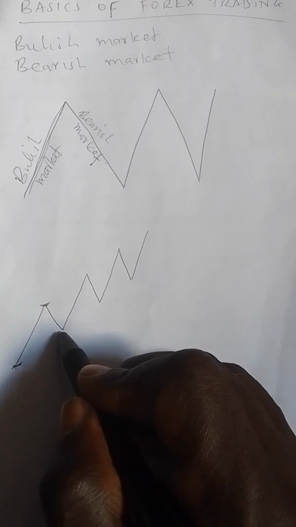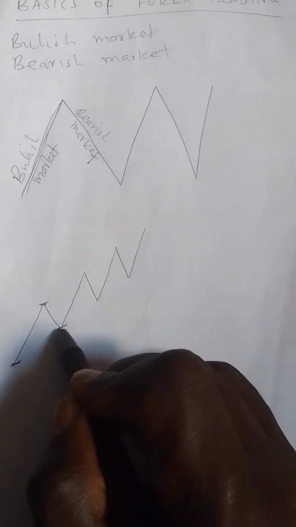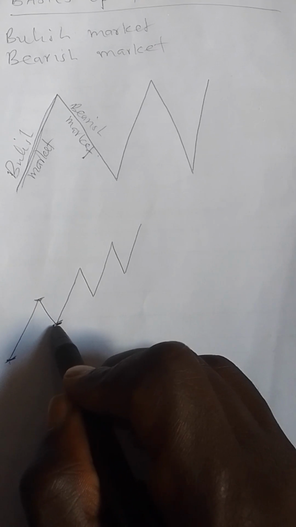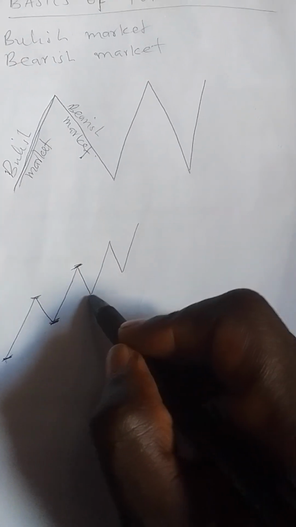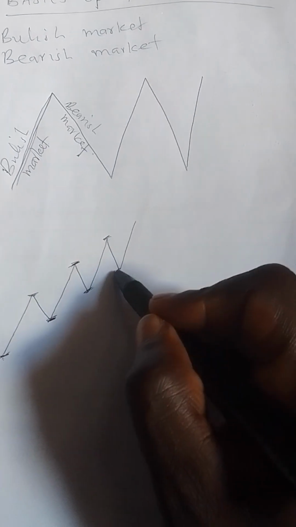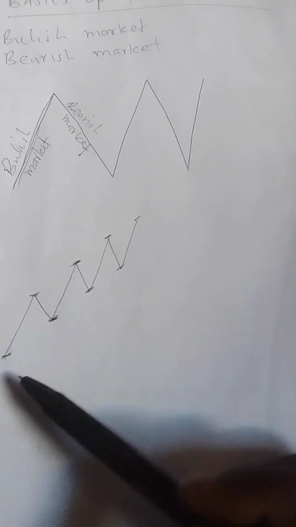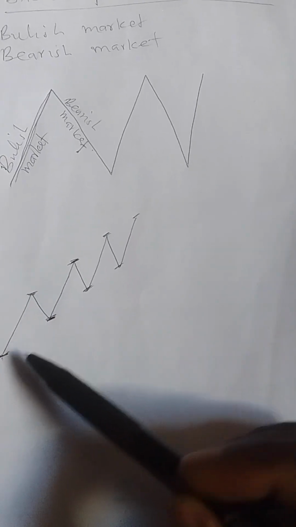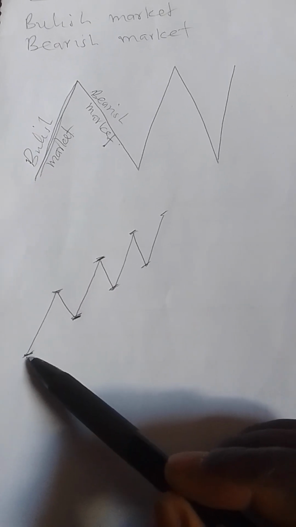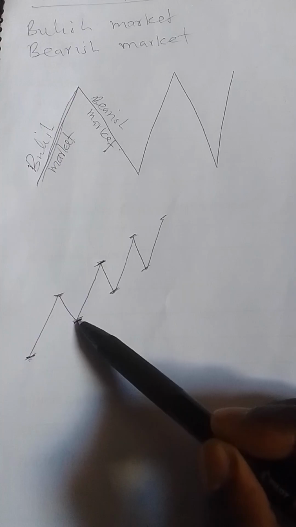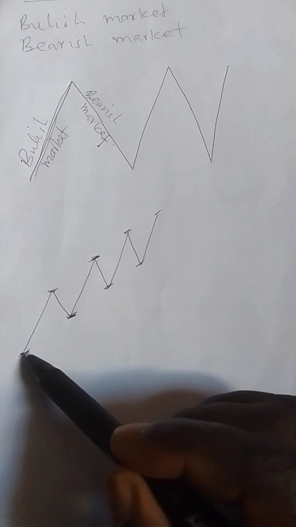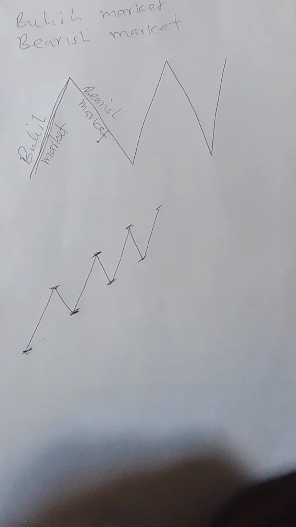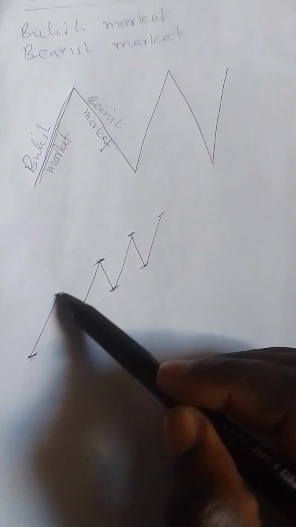Then another upper, lower, upper, lower, upper, lower. When you check this keenly, you will find that this point does not pass this point. So when you draw a line here, you get a straight line moving upwards, and when you draw a line here, you also get a straight line moving upwards.